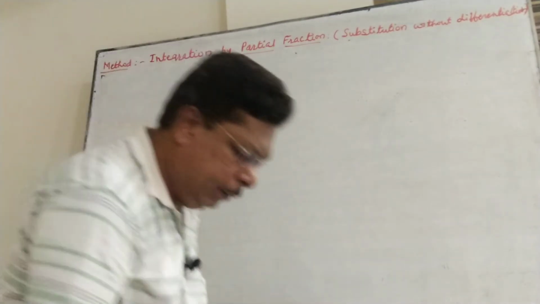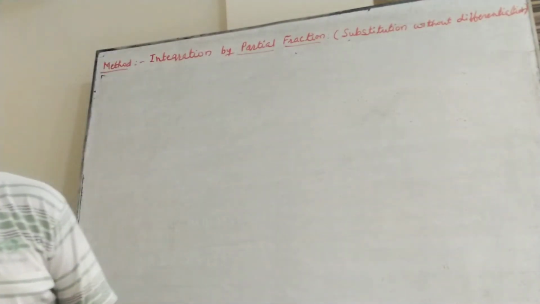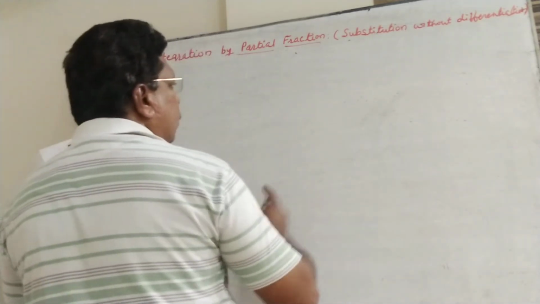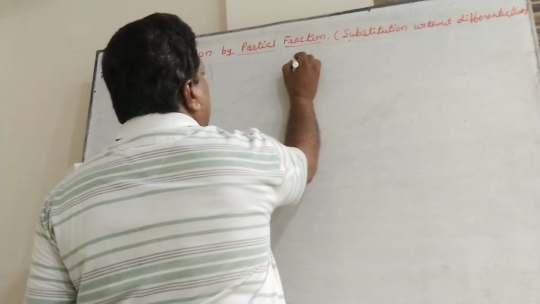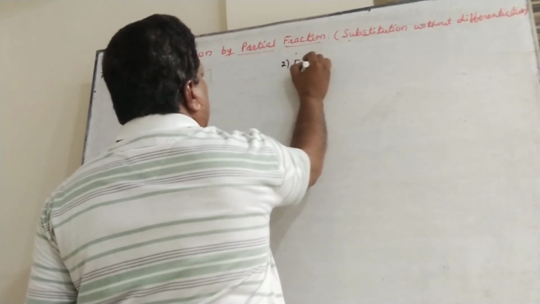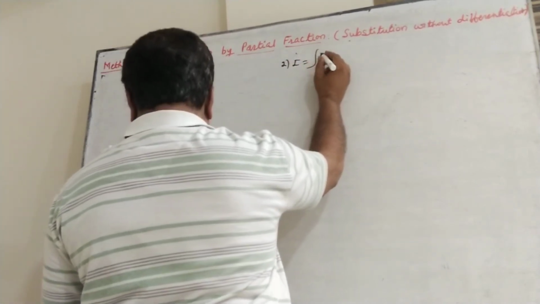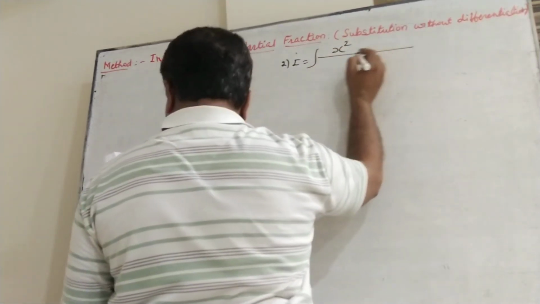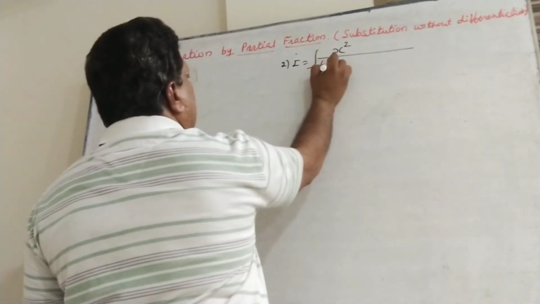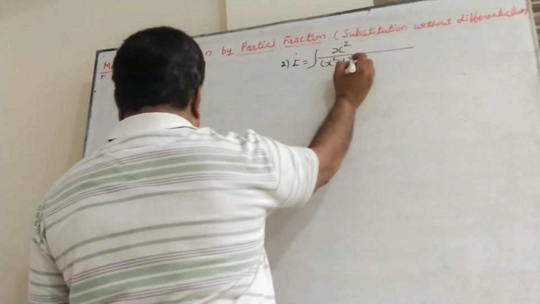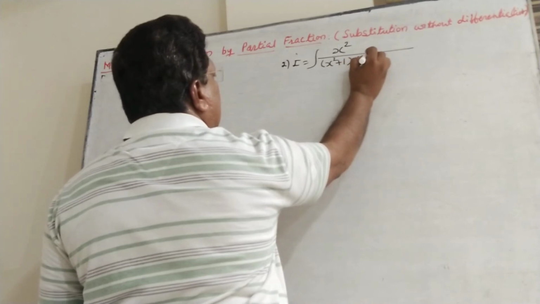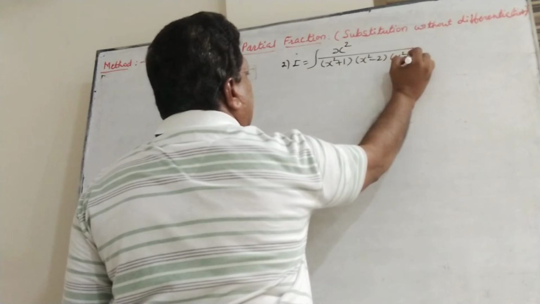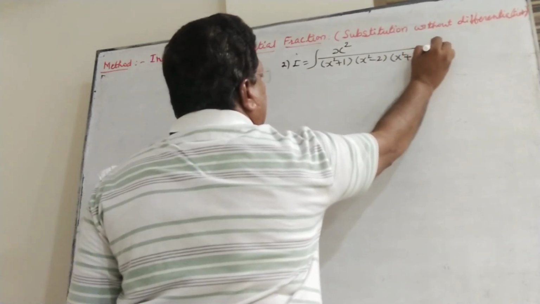Okay, now see the second sum. Integration I is equal to integration 1 upon x square upon x square plus 1 into x square minus 2 into x square plus 3 dx.